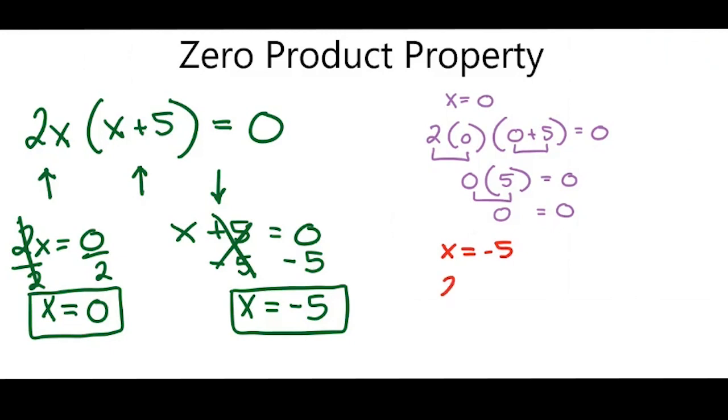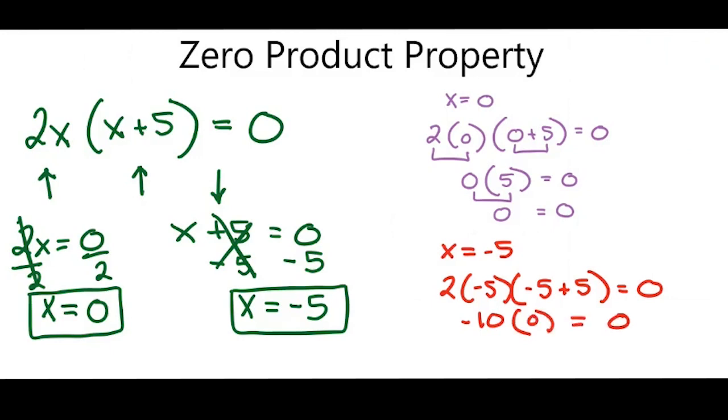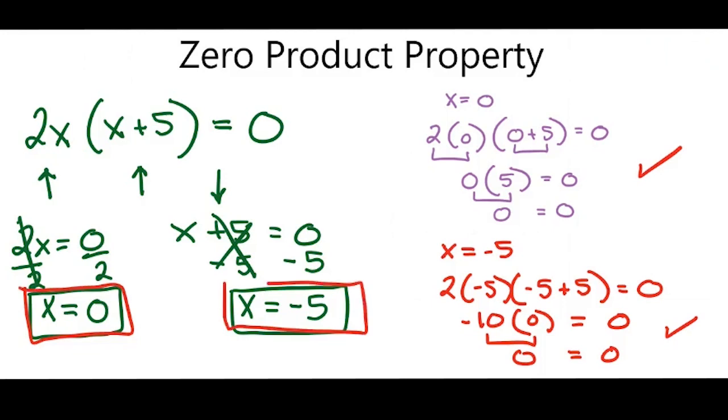Well, 2 times -5 times (negative 5 plus 5) equals 0. Well, 2 times negative 5 is negative 10, times negative 5 plus 5 is 0, equals 0. Well, negative 10 times 0 is 0. 0 equals 0. So negative 5 worked and 0 worked. Check. So our answers are x equals 0 and x equals negative 5.